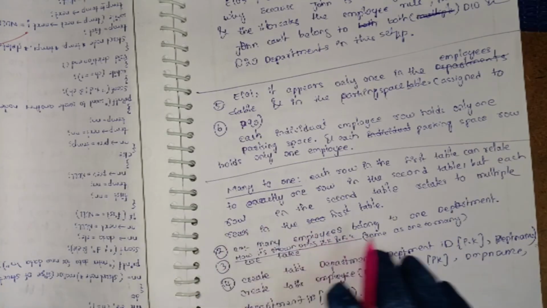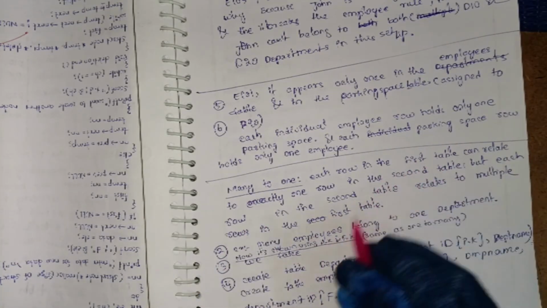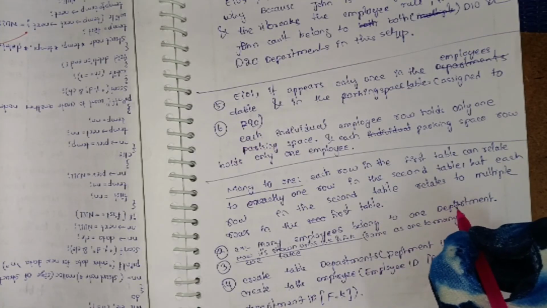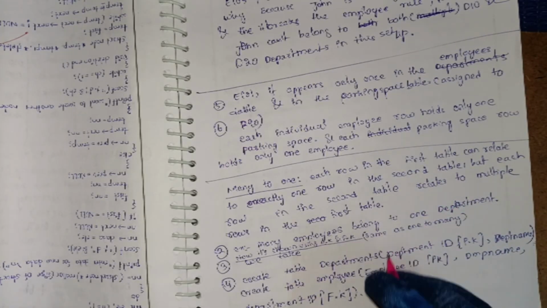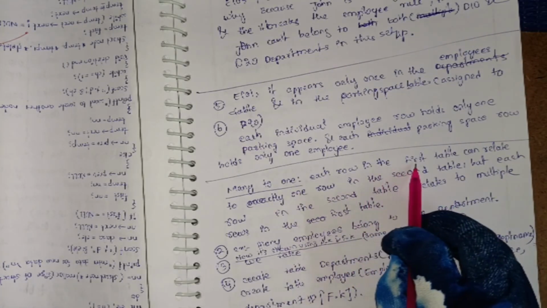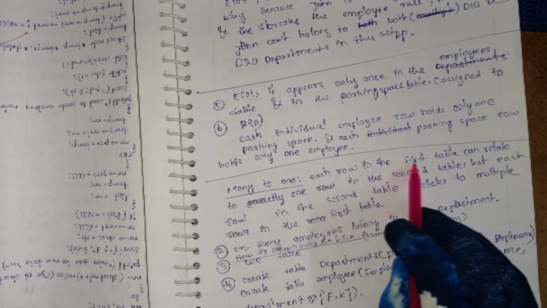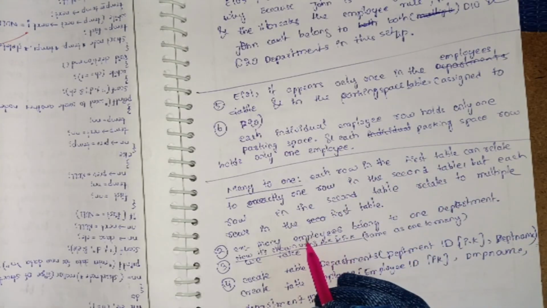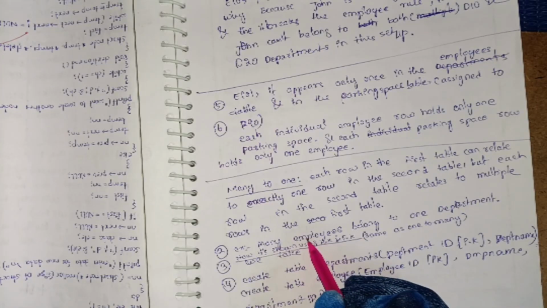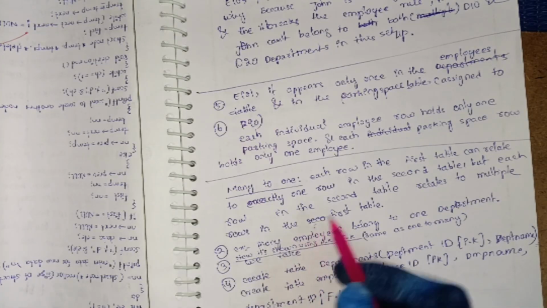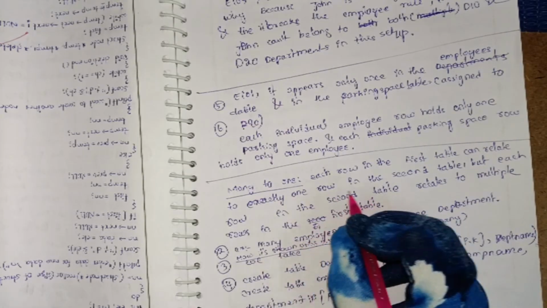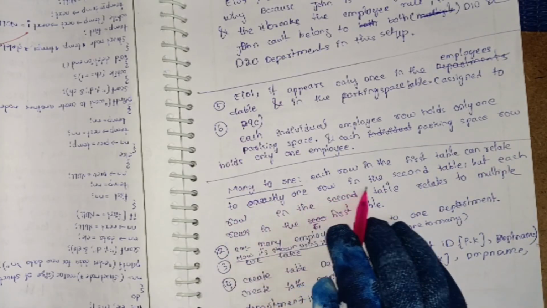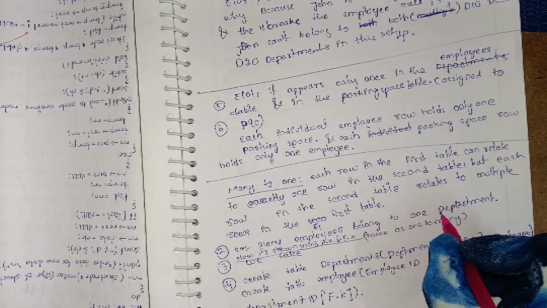So here the first table is employees and the second table is department. Each row in the first table, meaning in the employee table, E1 employee can relate to exactly one row in the second table.